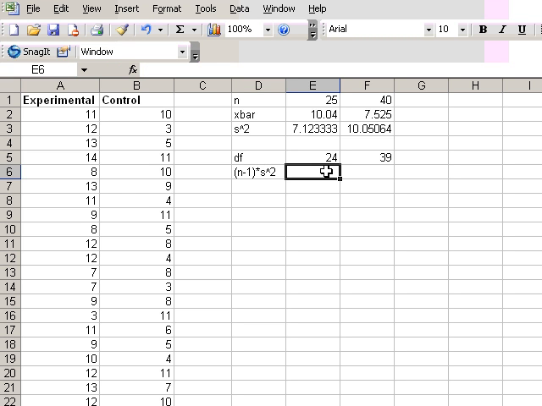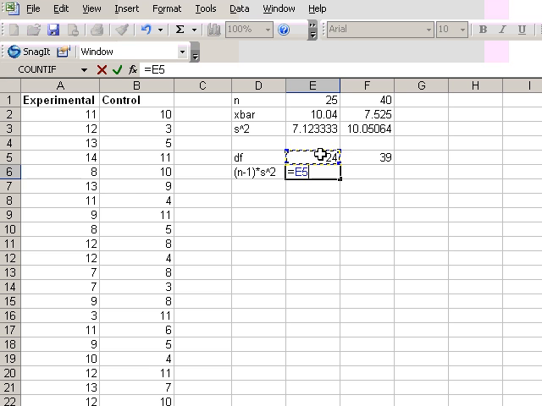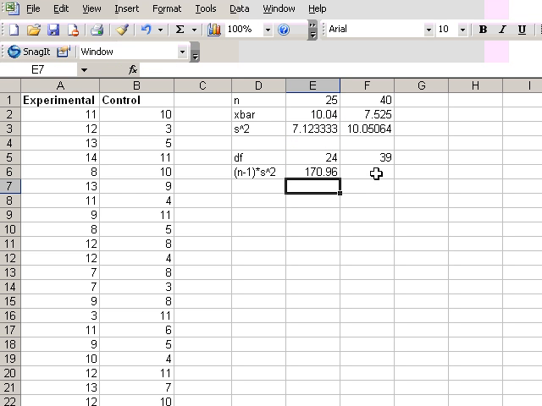And this will be part of the pooled variance formula that's given under the main formula in 9.7. So this value is equal to 24 times 7.13 for the experimental group, and I'll just drag this to the right, and it's 391.975 for the control group.